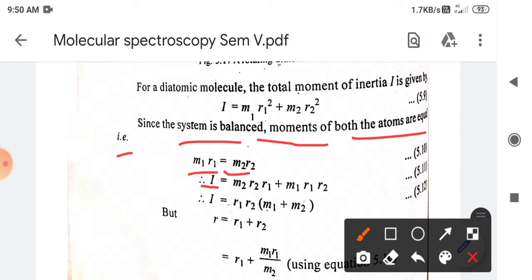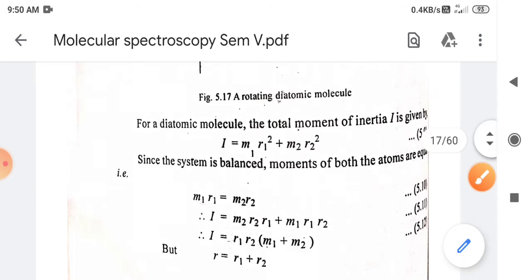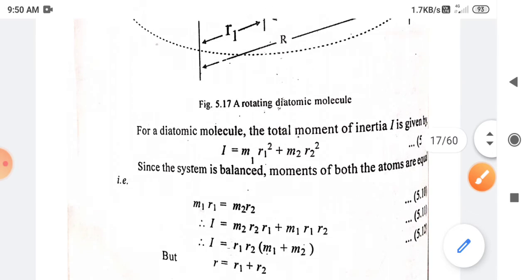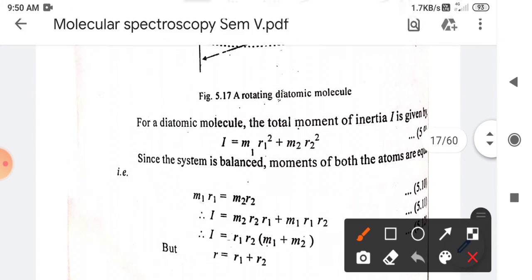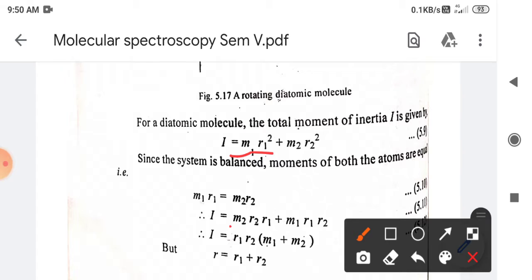Next, we simply substitute the value for m1 r1. In this equation we substitute for m1 r1, so we get m2 r2 r1, plus here we substitute the value for m2 r2, so we get m1 r1 r2 again.